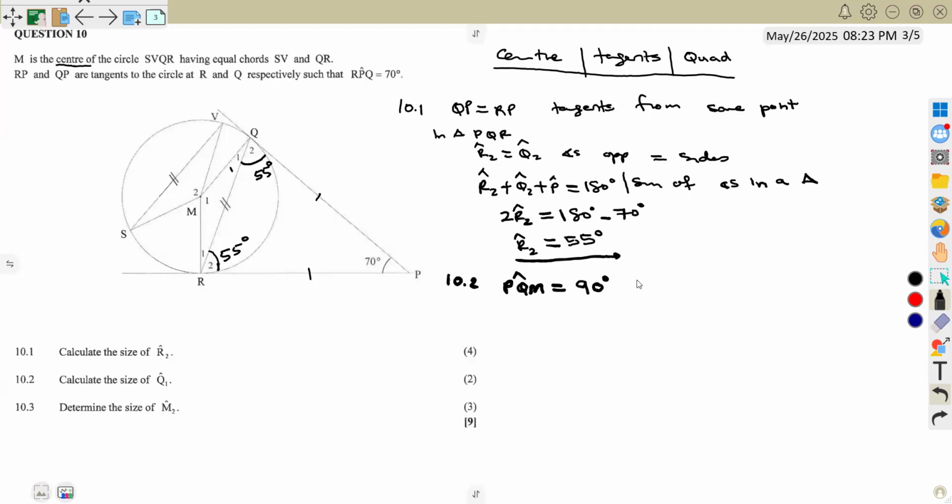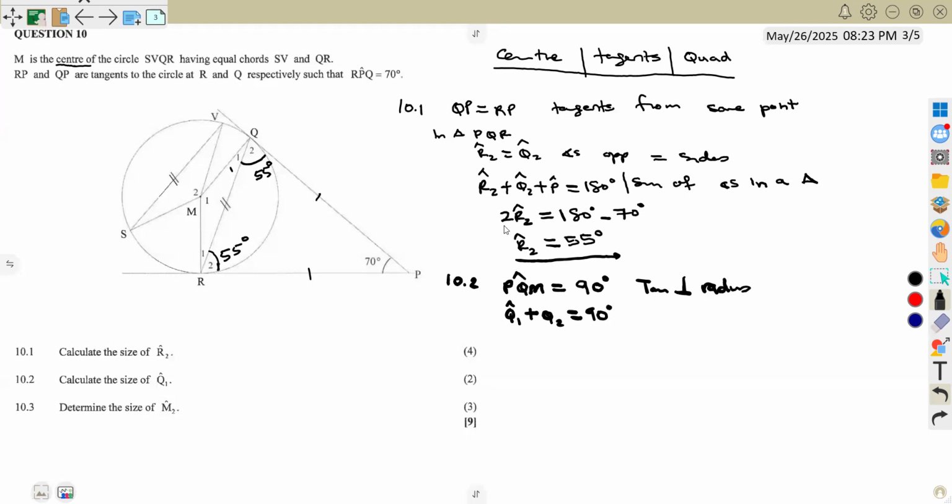Why are we saying so? A tangent is perpendicular to the radius. Then from there, PQM is made up of Q1 and Q2. So Q1 plus Q2 must be equal to 90 degrees.